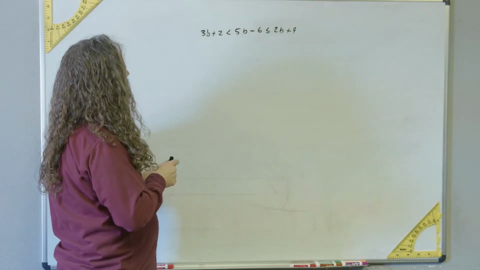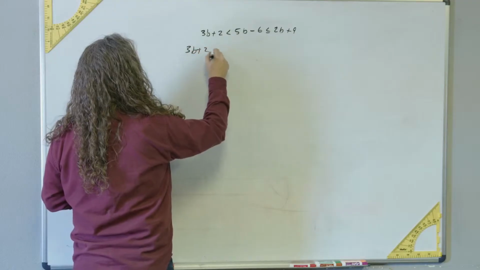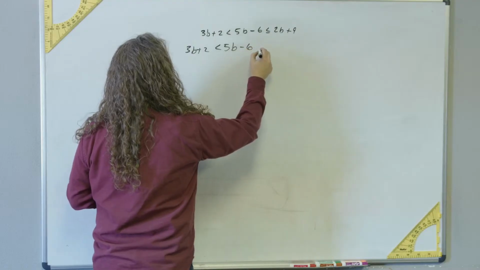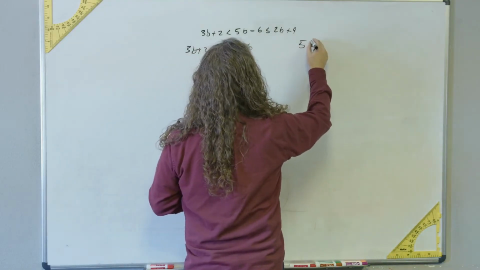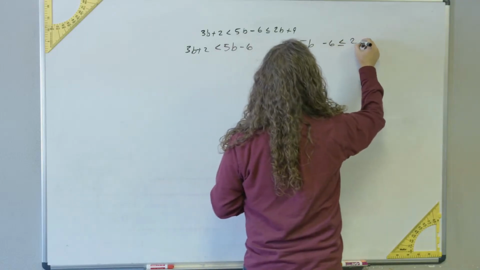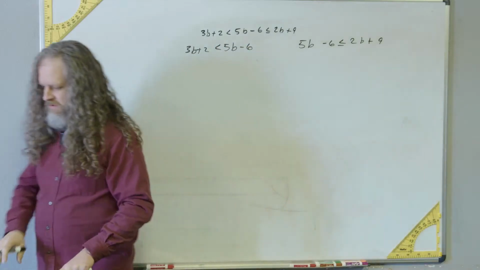Right? 3b plus 2 is less than 5b minus 6, and 5b minus 6 is less than or equal to 2b plus 9. I don't remember doing any of this.